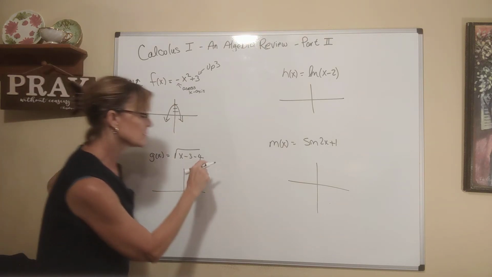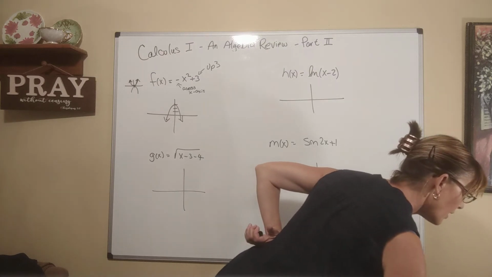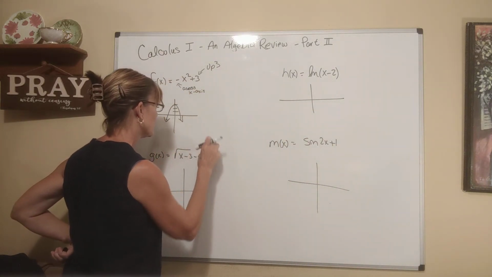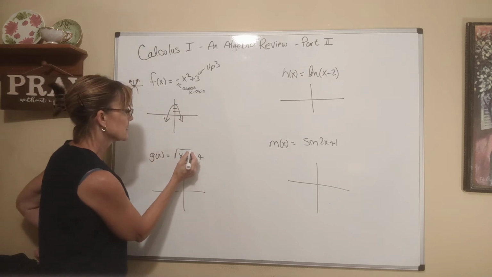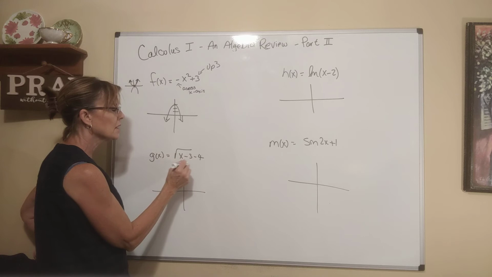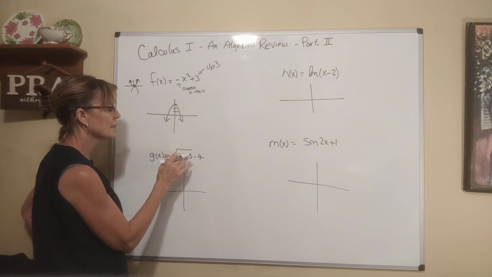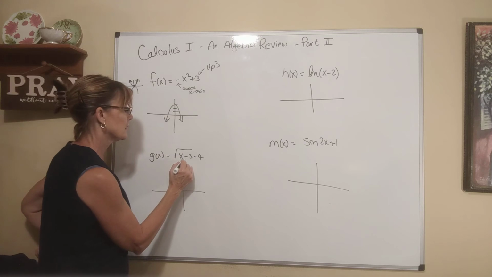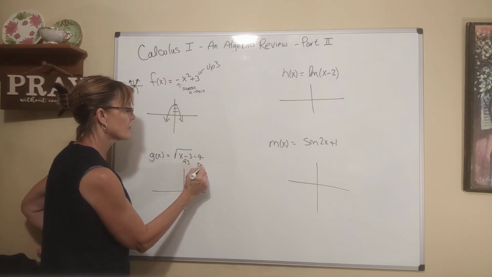Right here, this is a transformation of the graph. The square root of x minus 3, my radical symbol went too far. So it's the square root of x minus 3 minus 4. This negative 3 is in there messing with the function, indicating it's a horizontal shift opposite of what it looks like it should be. So this is going to go to the right 3, and this is going to go down 4.